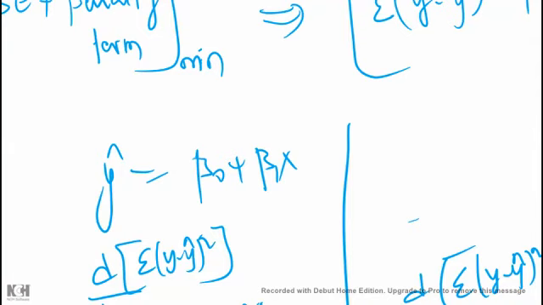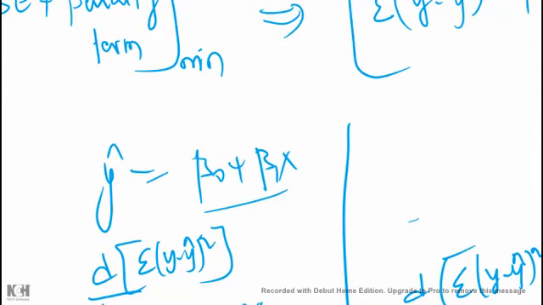That is sigma of (y minus beta naught minus beta 1 x) whole square plus alpha into beta 1 whole square. This should be minimum. You have to identify beta 1 and beta naught in such a way that it is minimum. Earlier, you identified beta naught and beta 1 for the SSE alone to be minimum. Now this time, you are identifying them for this whole expression to be minimum. Got the point? That is the only difference between both of them.